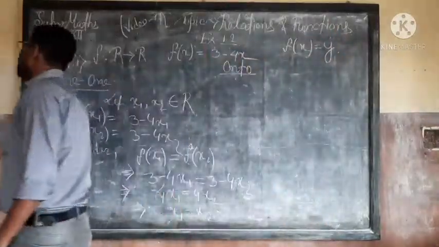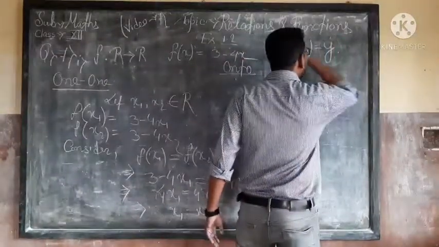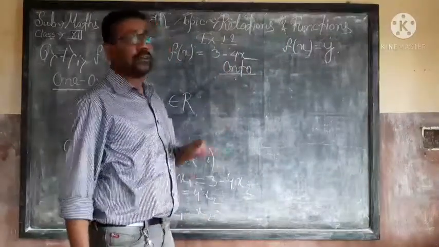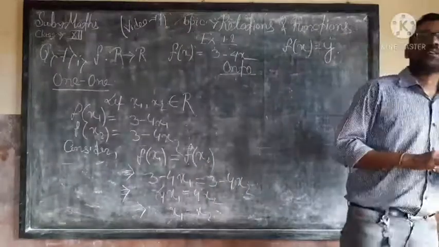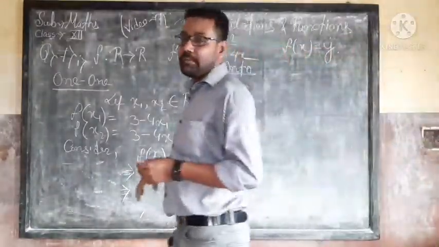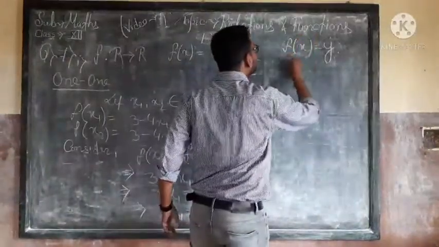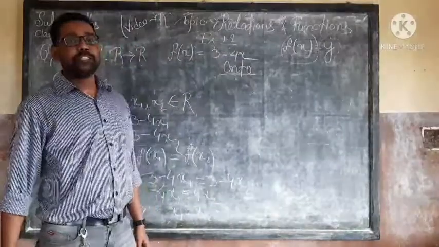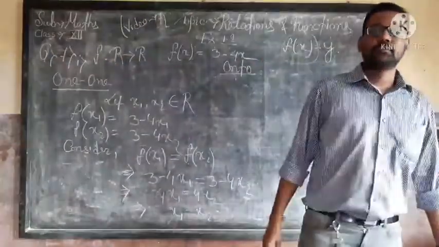That means every y which belongs to the codomain of a particular function has some pre-image which belongs to the domain of this function.